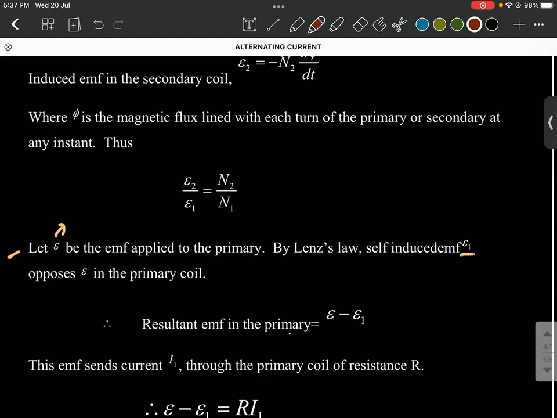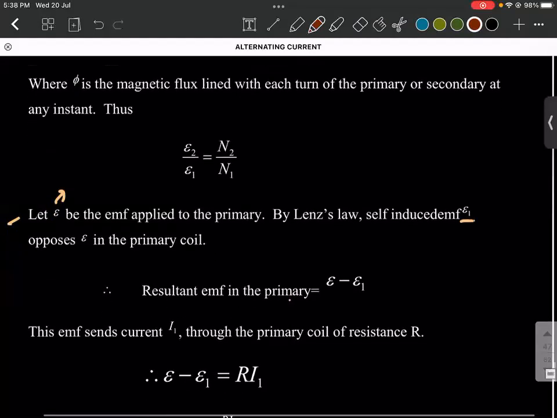So what happens in a self-induction process? There is a change in flux taking place within the same coil, then EMF is induced in it. Correct? So that self-induced EMF, I'll call it E1.